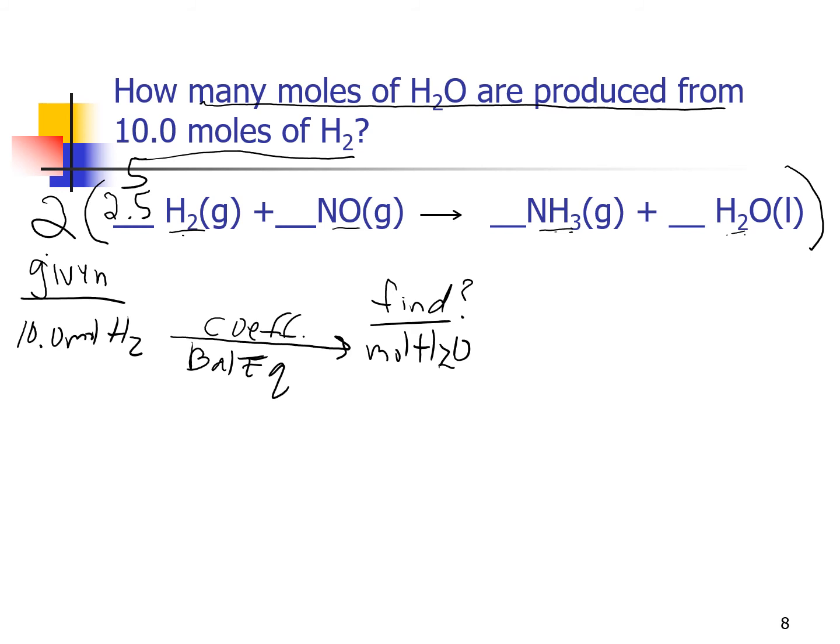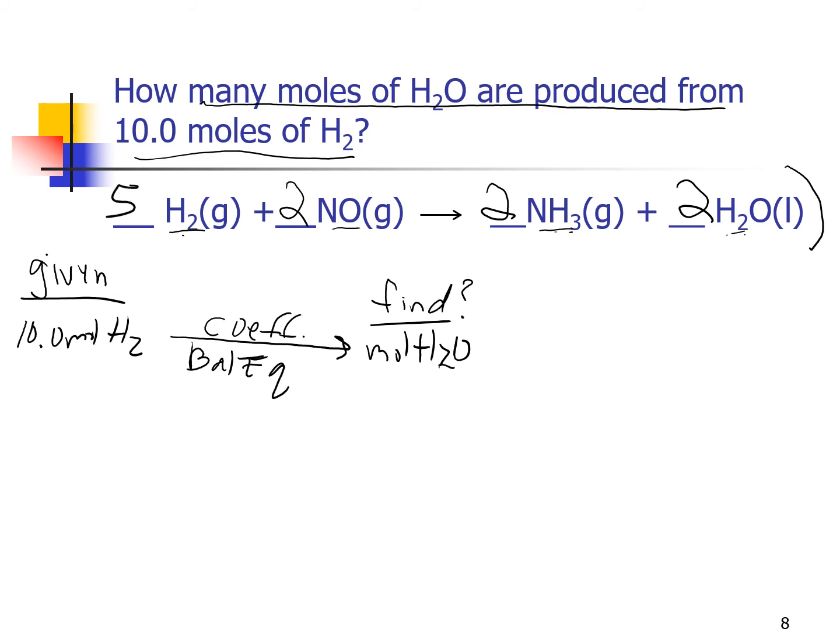So then my coefficients would be 2 times 2.5 gives me 5, and then a 2 times 1, and a 2 times 1, and a 2 times 1. So I'm going to go ahead and erase what I've done here and just write my 5 in my spot. Now we can check to see if it's balanced.